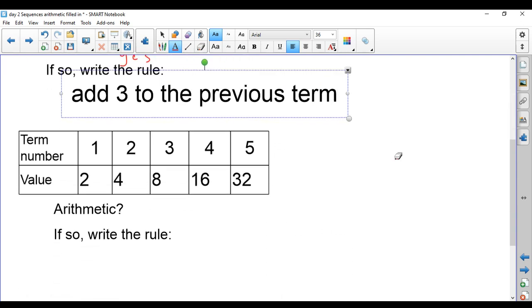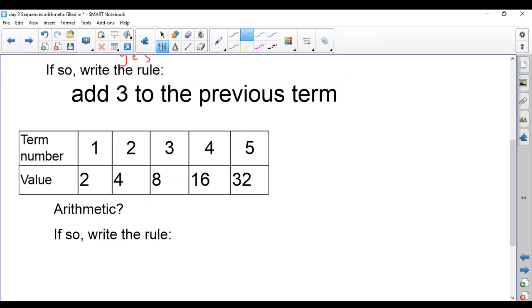In the second example, we look at our values and we see that 2 to 4, we would have to go up by 2. From 4 to 8, we would go up by 4.